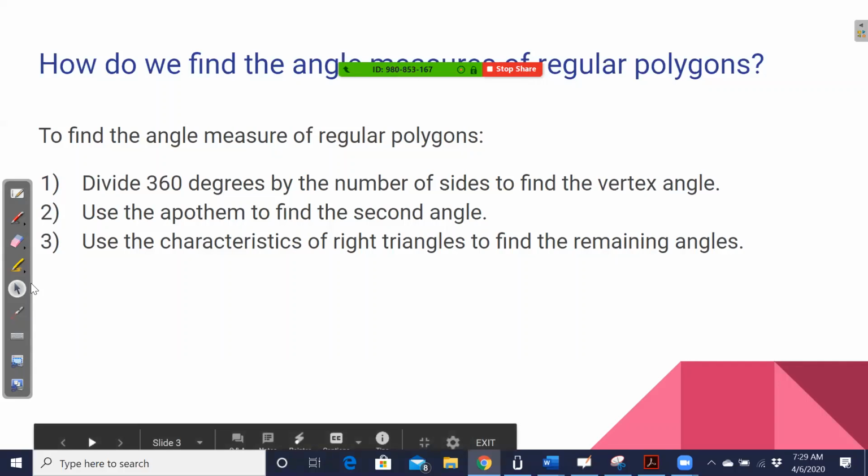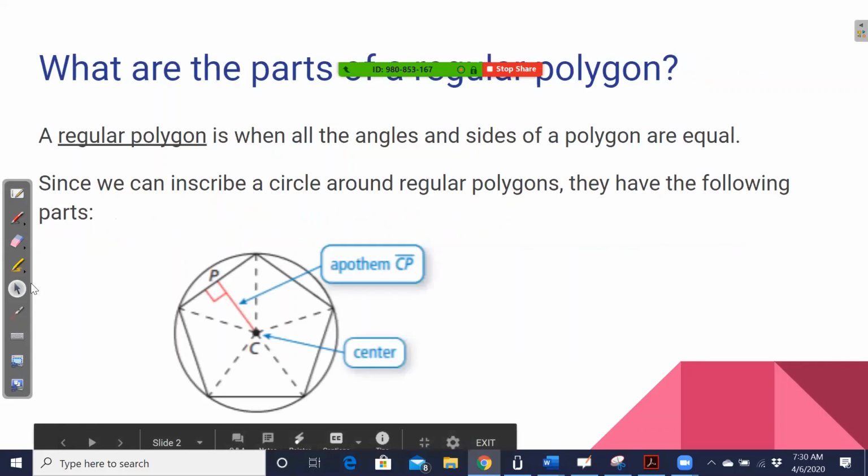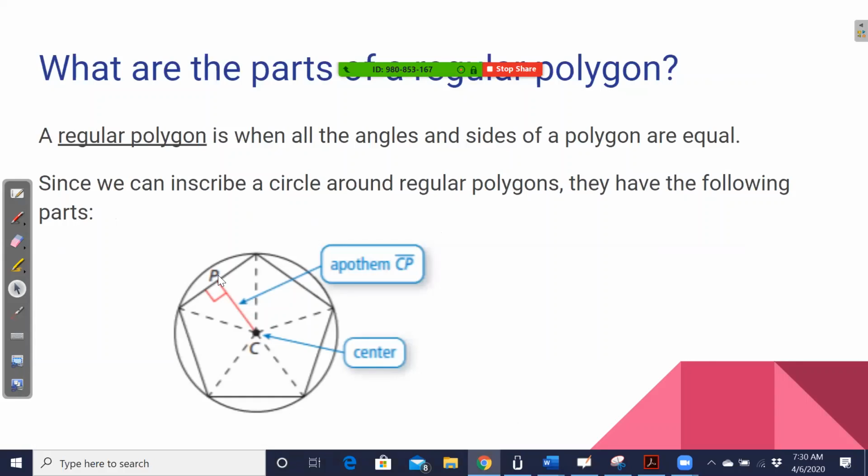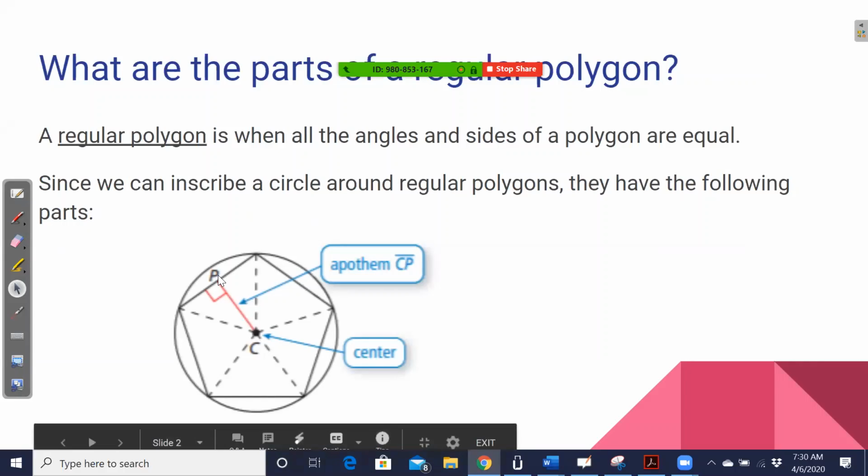Now we're dividing 360 because a circle can be drawn over all your polygons. And if, for example, someone is doing a 360 on a skateboard or a surfboard, they'd be going around the circle. So 360 is the number of degrees that a circle has.